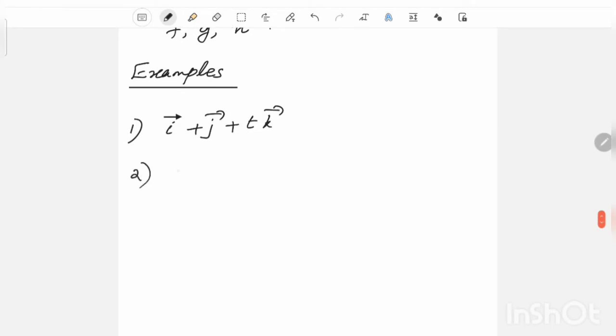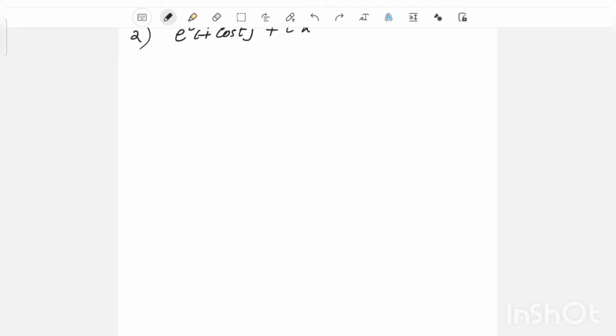Another example is e raised to t i plus cos t j plus tk. All these, e raised to t, cos t and t, are real valued functions, and therefore this is also a vector valued function. Now we can find the parameter intervals of some given vector valued functions.